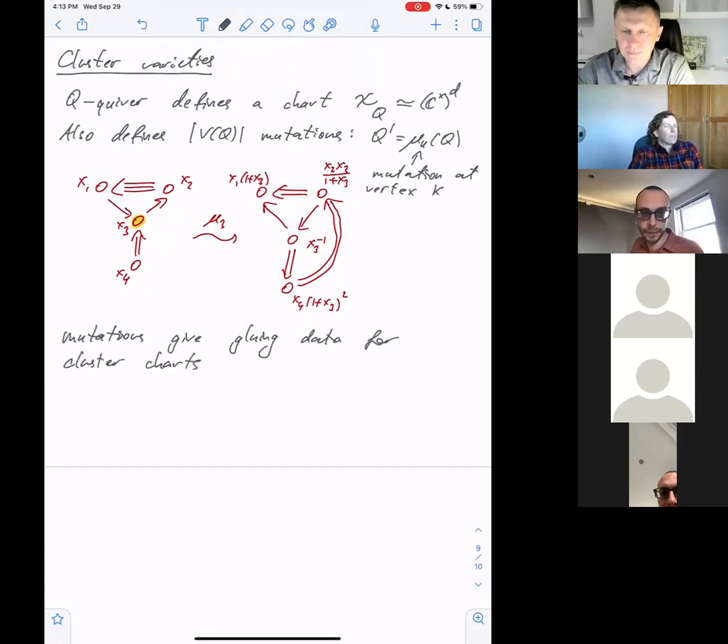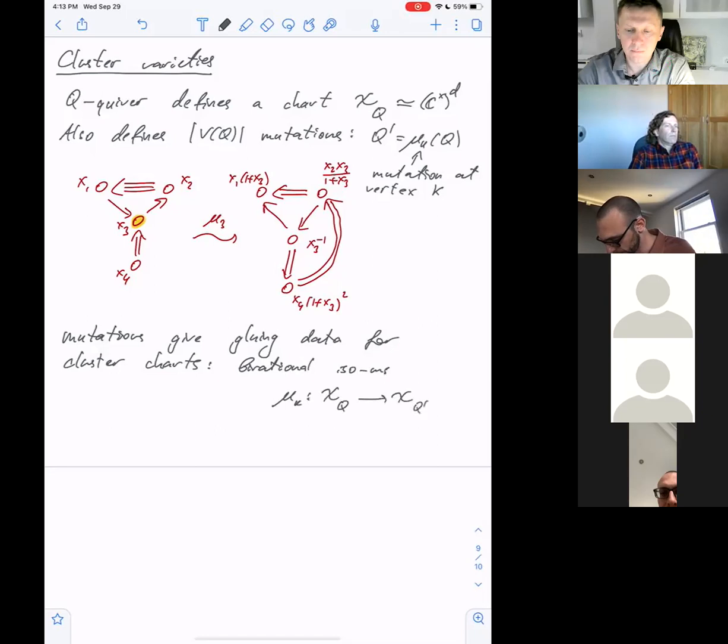And so what this really means is that they give birational isomorphisms. Let's call them mu k between x q and x q prime. And birational means that, well, I need to localize both of those somewhere, right?